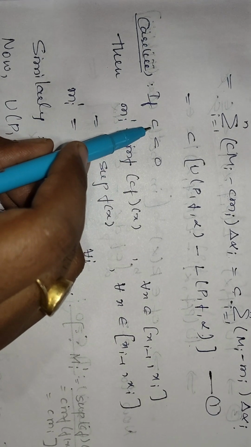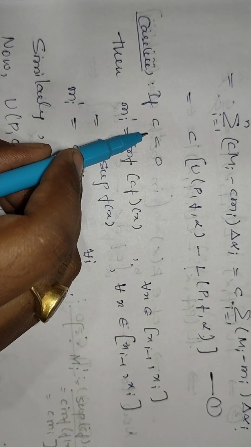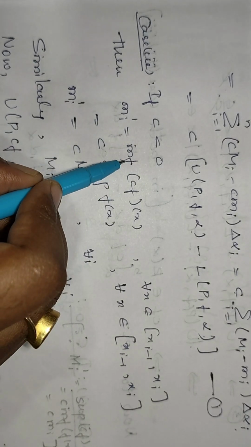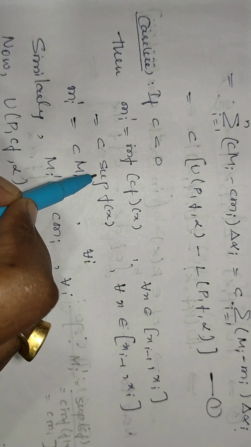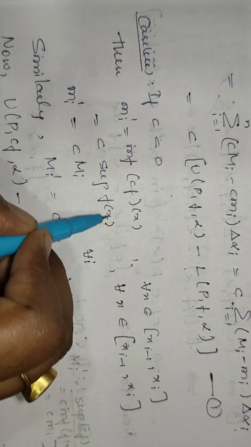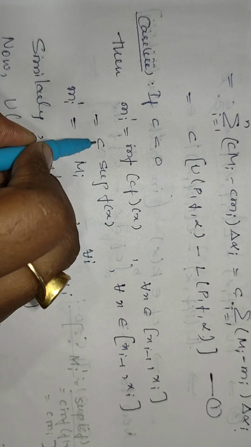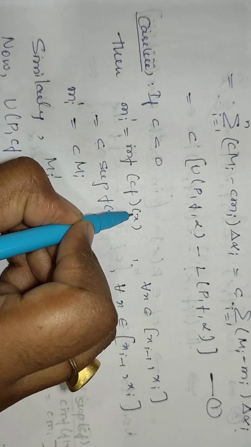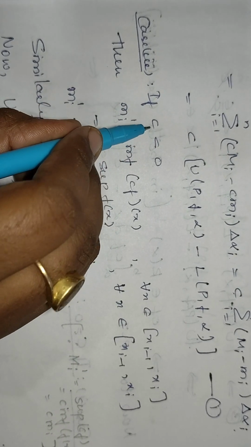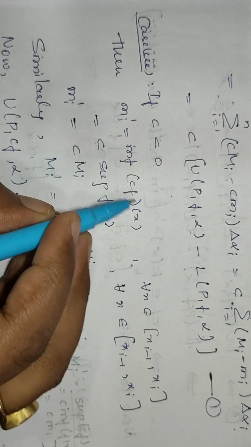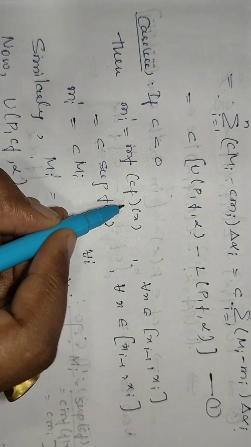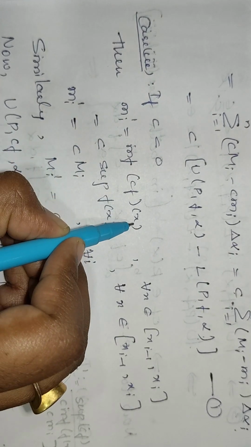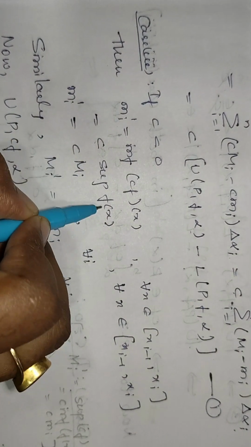If I take the c outside, this infimum will turn into a supremum. So you need to be very careful. You can take one example and try, you will get this. So infimum of cf(x) will be equal to c into the supremum of f(x).